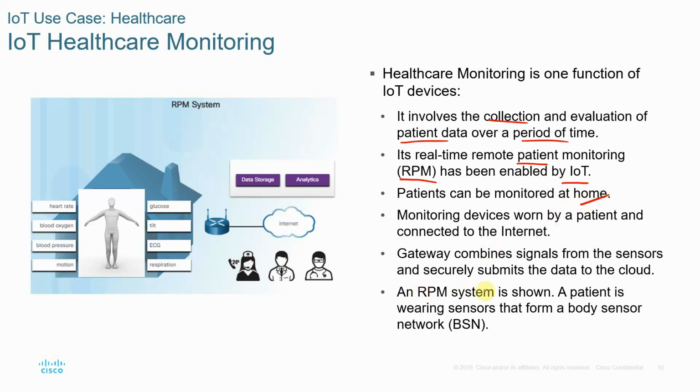A typical system is like a wearable sensor that is put on, such as a body sensor network. It normally goes to a gateway to collect this information at home, such as heart rate, blood oxygen, blood pressure, motion sensor, and so on.